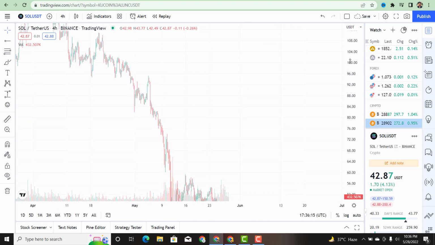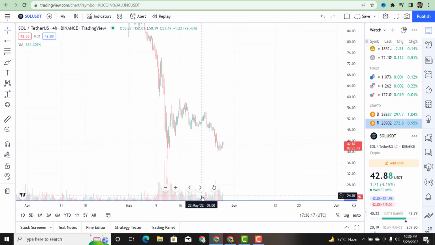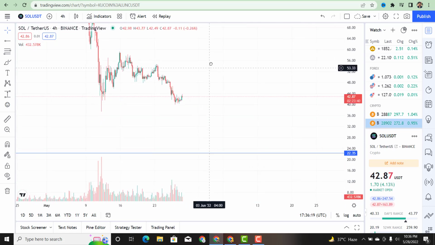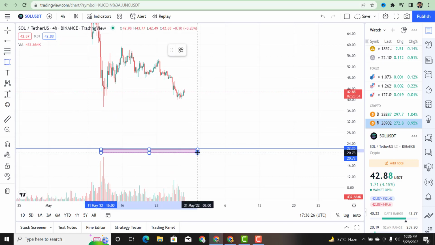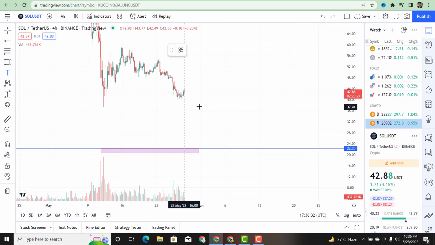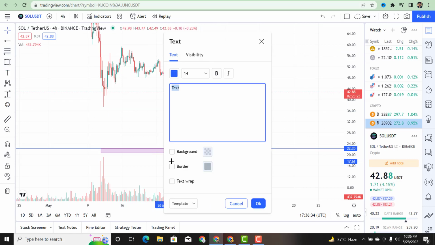In the local time frame, you can see this is forming a double bottom. Let me draw it right here. Let me just draw it for you. This is the major support level that you need to be looking at. I would write it down for you.